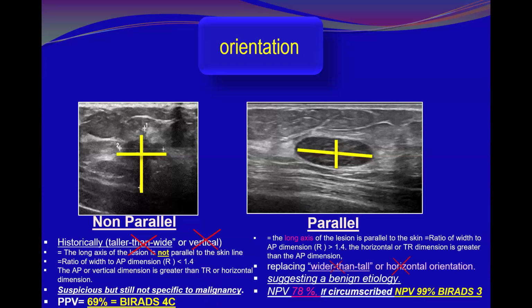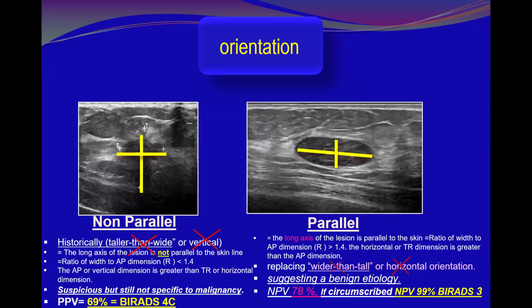What is parallel? Parallel means the long axis or the greatest dimension of the mass is parallel to the skin line. This is parallel to the skin line. Previously called wider than tall, or horizontally oriented. No more use.